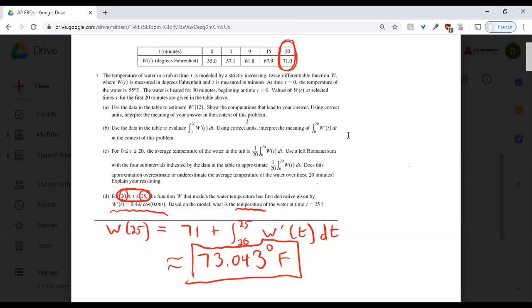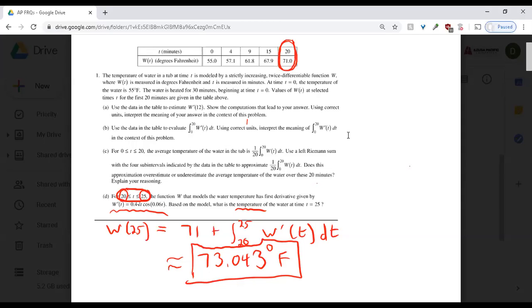Then you have to integrate from the 20th minute to the 25th minute to find the net change. So just based on the circumstances, you have a starting value and you're able to find a net change. That's how you would find a new value, a final temperature after 5 minutes had passed from the 20th minute to the 25th minute. Is that okay?